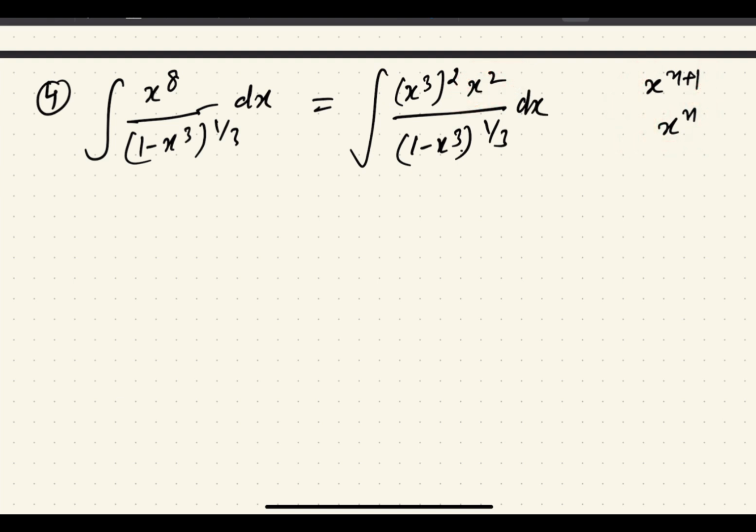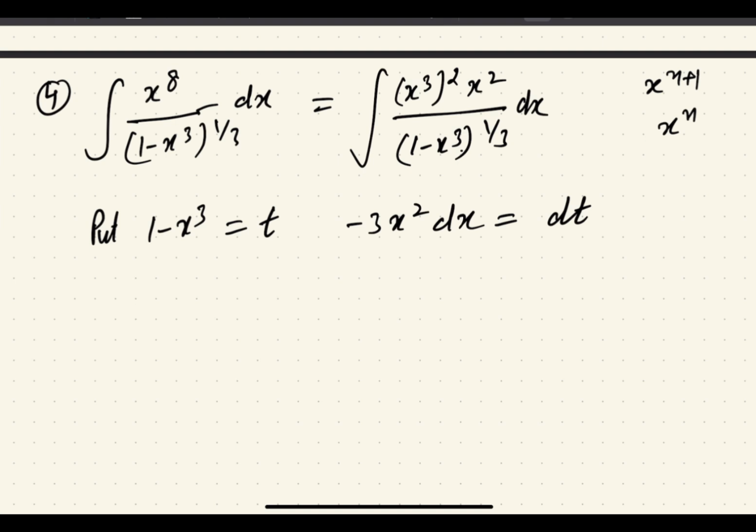And after that, when you put this whole thing, if there is a constant beside a variable added or subtracted, put the whole thing equal to a new variable. I'll put 1 minus x cube equal to t, and the derivative will be minus 3x square dx equal to dt.